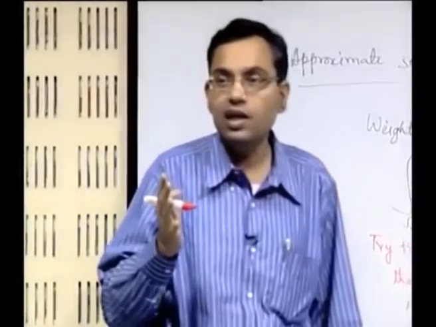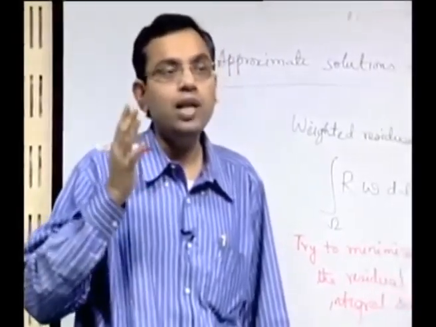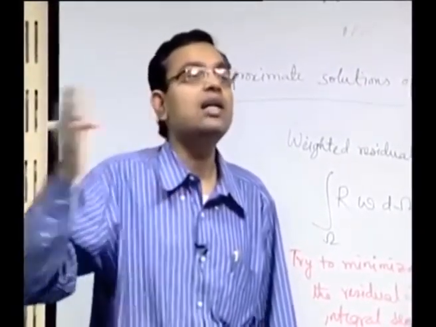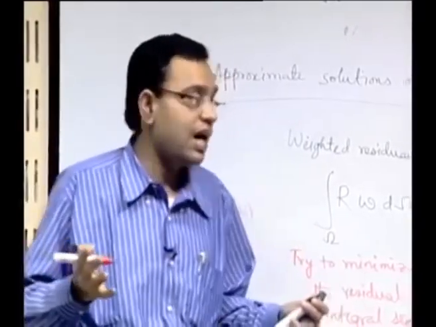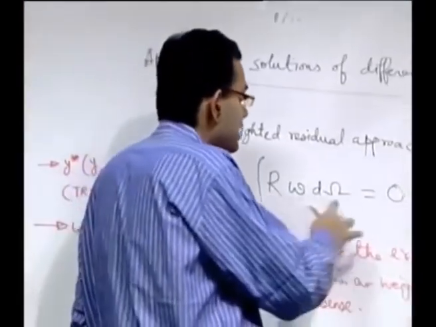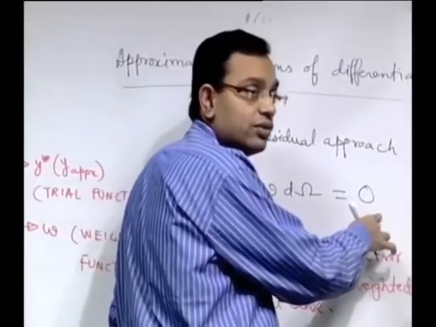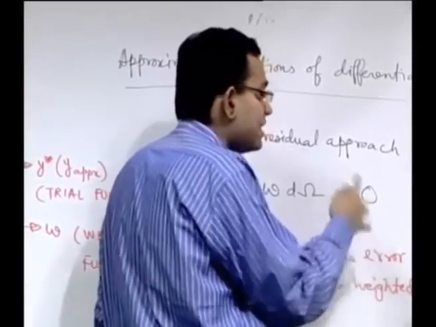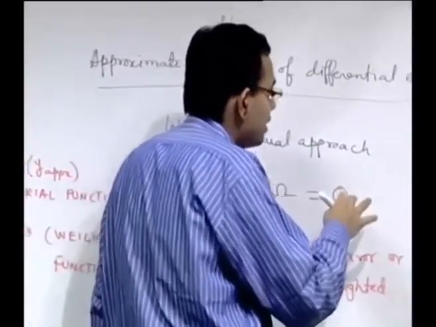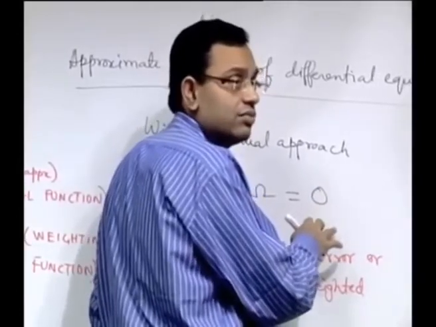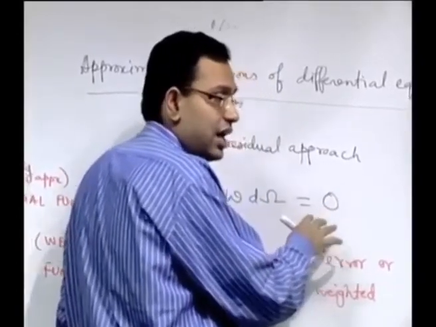You have incurred an error and you are attempting to minimize the total error in an integral sense over the domain, and that you do by setting this integral equal to 0.